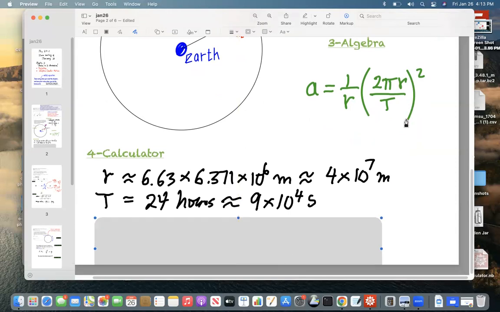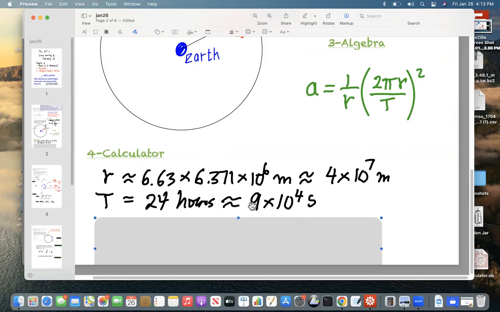What about T? Well, T is 24 hours, because this is geosynchronous. It's revolving around the Earth once each day. So that's 24 hours. You can convert from hours to seconds.